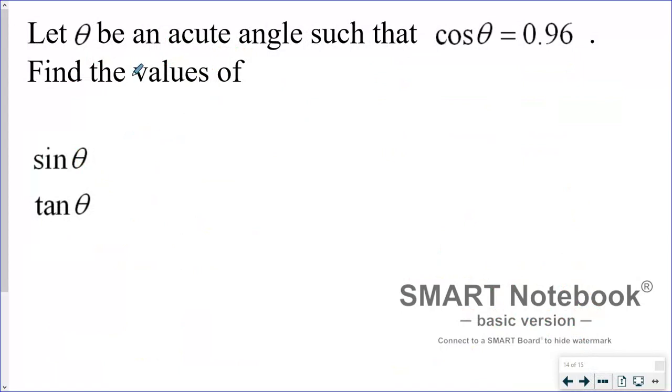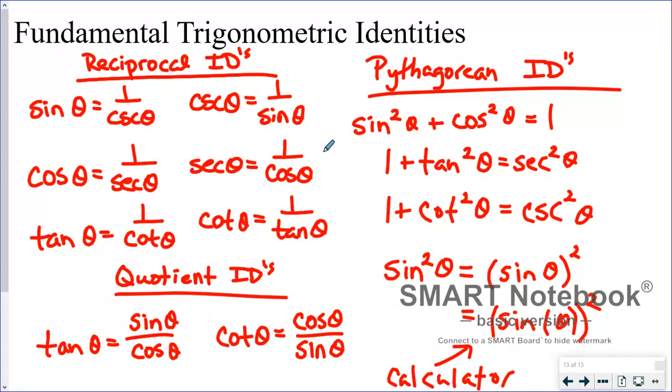All right, so let theta be an acute angle such that cosine theta is equal to 0.96. Find the values of sine of theta and tangent of theta. First, we're only given one piece, so we have to find an identity where I only have one missing piece.